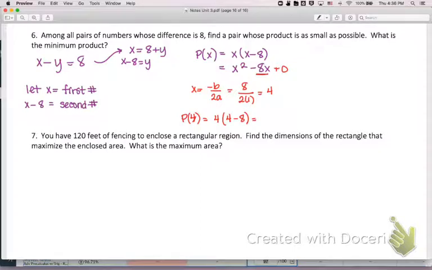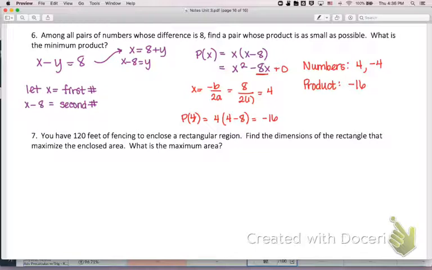So that's going to be 4 times negative 4, which is negative 16. So what are the two numbers? Well, the first number is 4. The second number is 4 minus 8, so it's negative 4. And the minimum product is going to be negative 16.